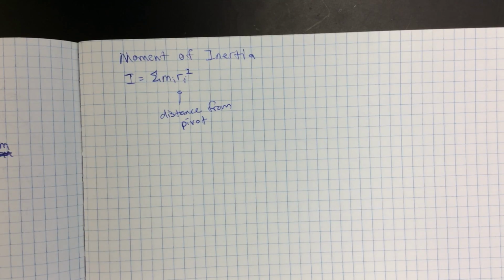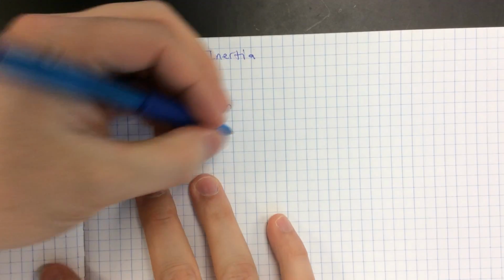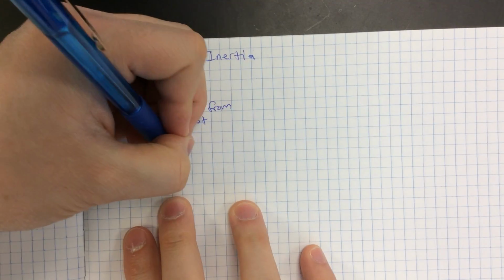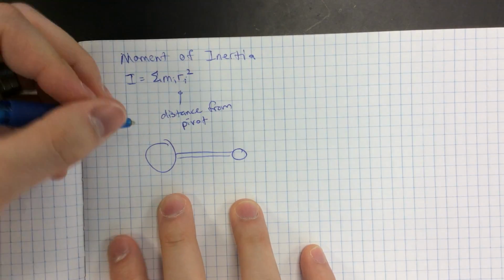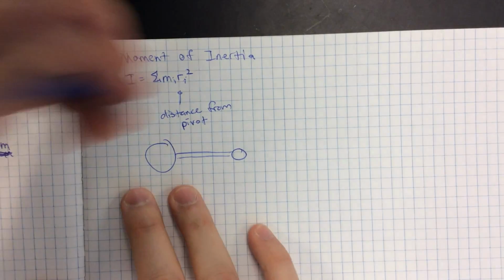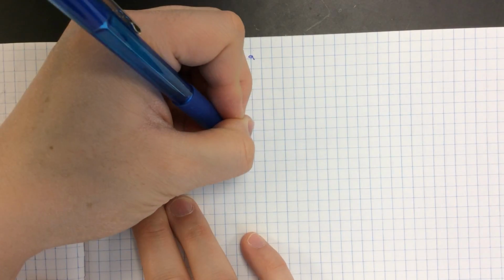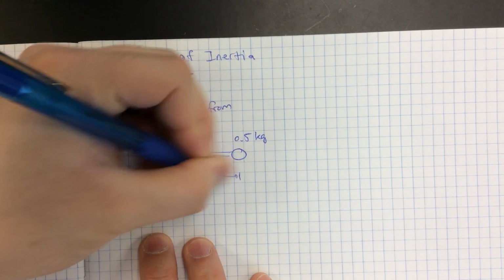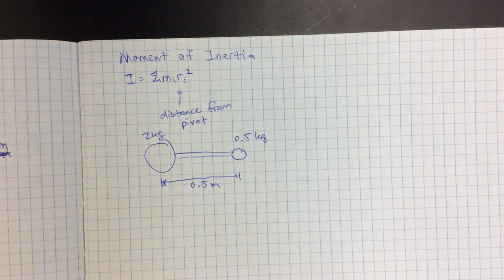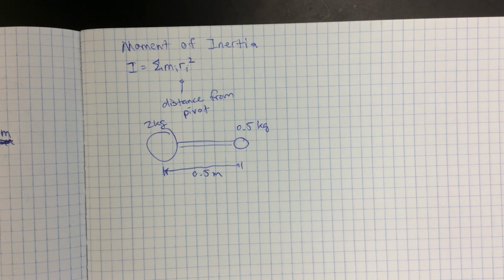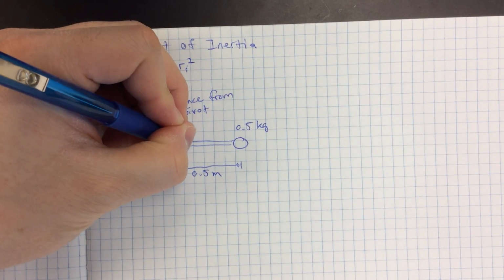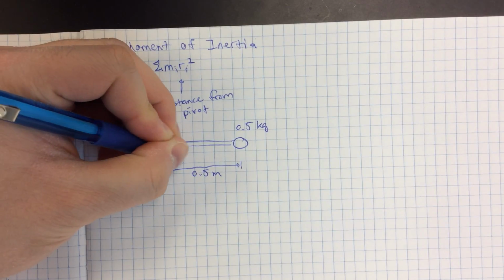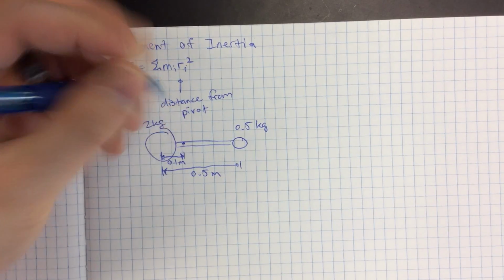Okay, so how do we do that? Well, let's look at this one again. Two kilograms, 0.5 kilograms, 0.5 meters. We said that if we throw this thing in the air, it will start to spin around this point that is 0.1 meters from the left.